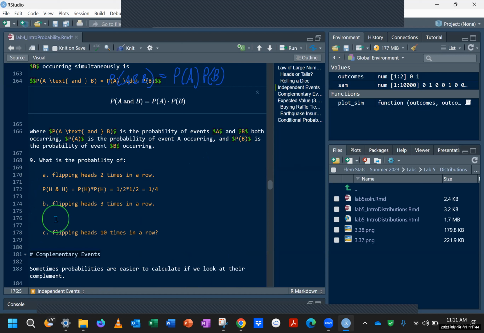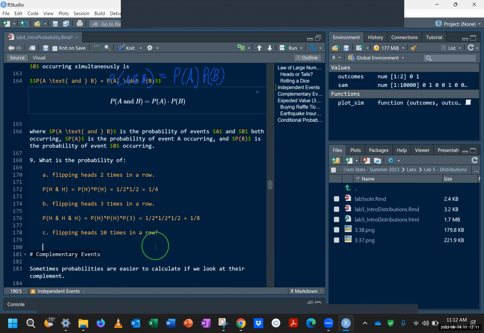So there's a 1 in 4 chance of flipping 2 heads in a row. So how does that extend if I say heads and heads and heads? 3 times I have to do heads. We can use that rule like this, multiplying the probability of heads 3 times now. So that's 1/2 times 1/2 times 1/2 equals 1/8.